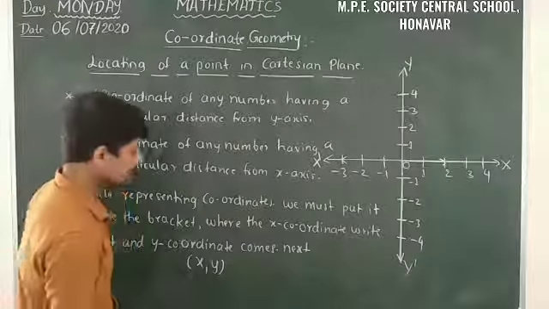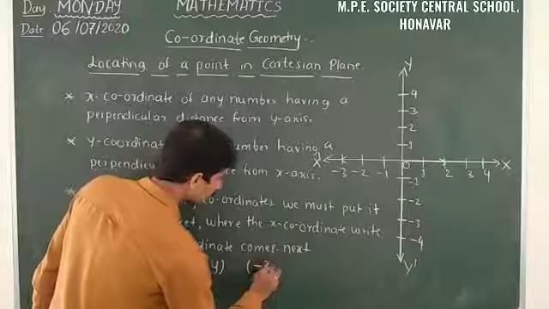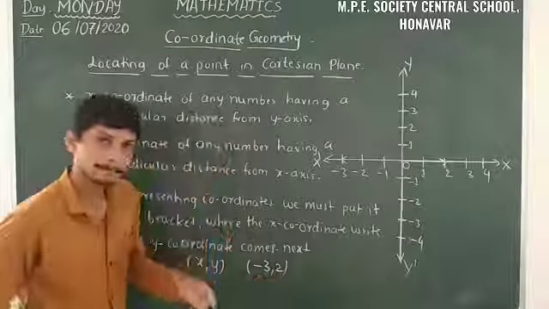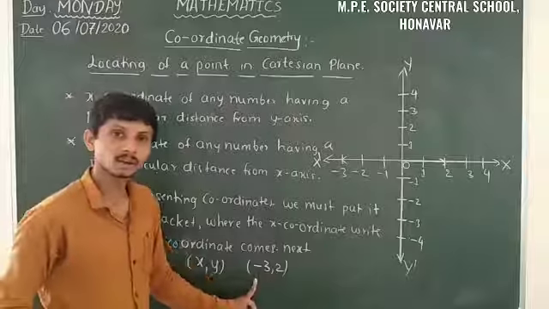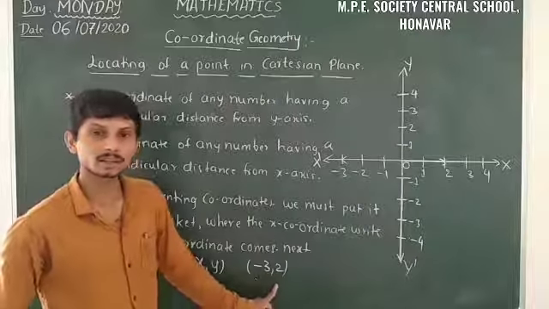For example, I will represent -3, 2 here. So it's the x coordinate of -3 and the y coordinate of 2.